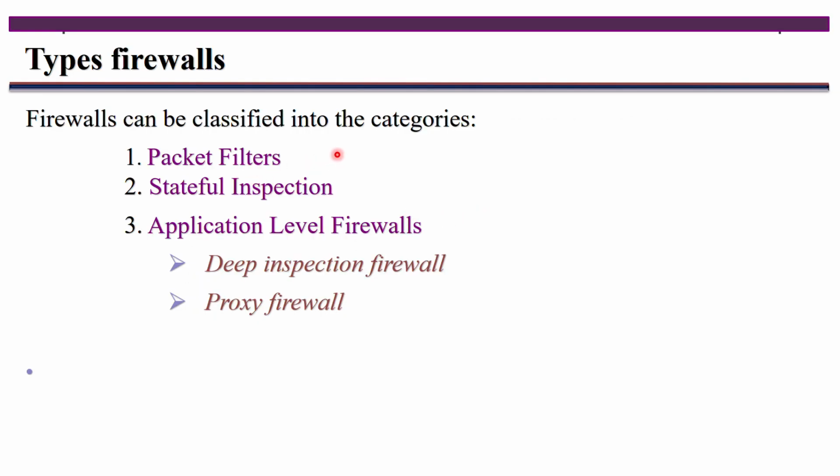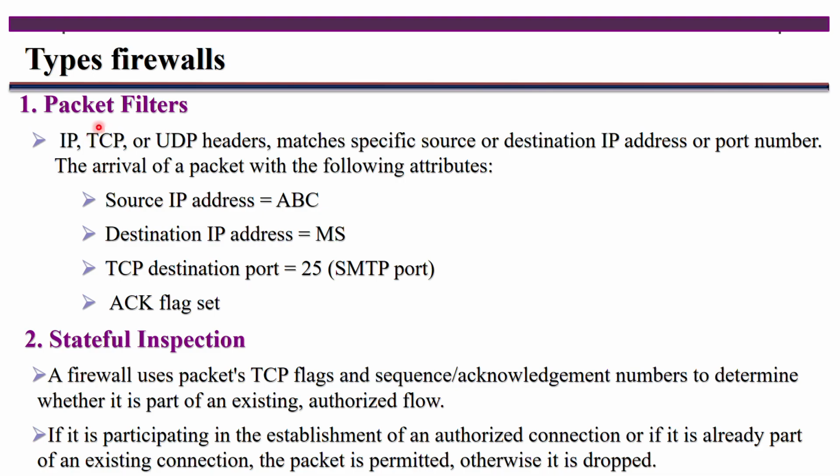There are three different categories of firewalls. First one is packet filters, second one is stateful inspection, and third is application level firewall. Again, application level firewalls are subcategorized as deep inspection firewall and proxy firewall. First one is packet filter.